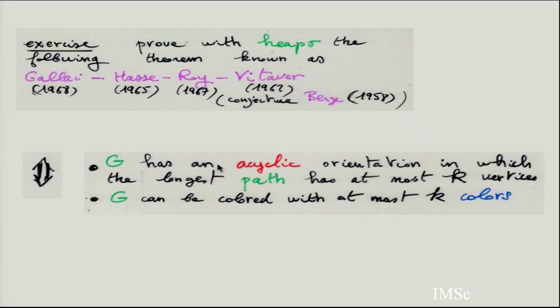First, the graph G has an acyclic orientation in which the longest path has at most k vertices. Second, G can be colored with at most k colors. So you are connecting the way of coloring a graph with the way of finding a longest path in an acyclic orientation of the graph.